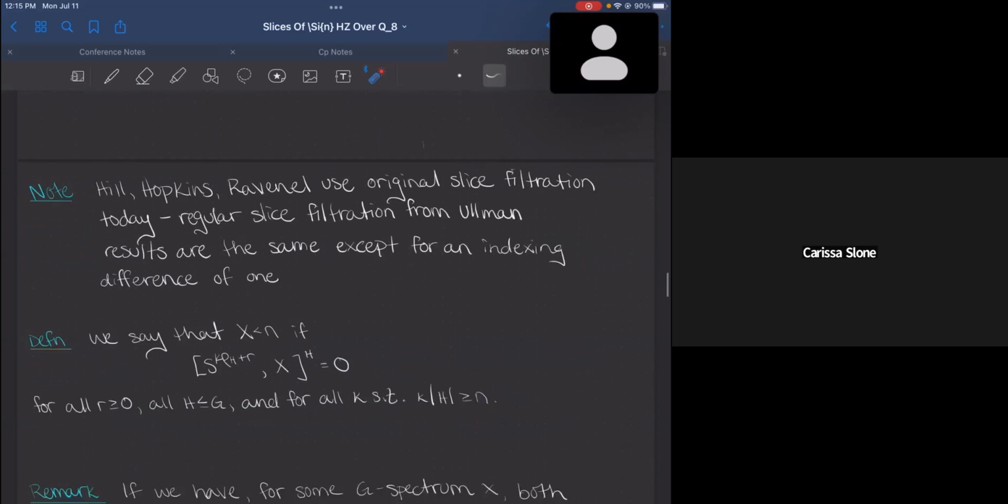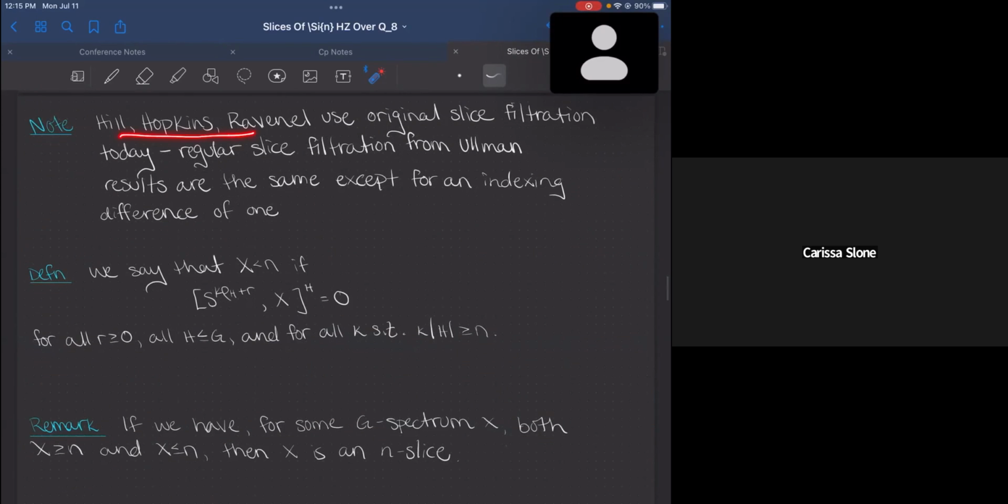It's important to note that Hill-Hopkins and Ravenel use the original or classical slice filtration, but today we're using the regular slice filtration from Ullmann. All of the results are the same, except for an indexing difference of 1.